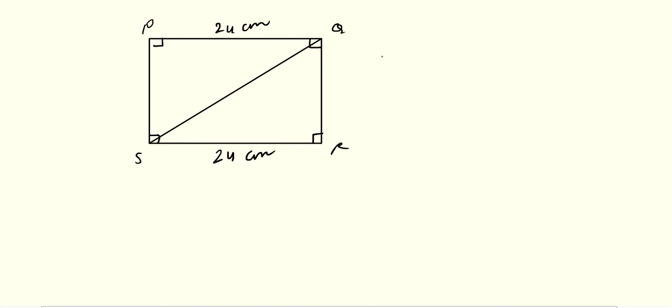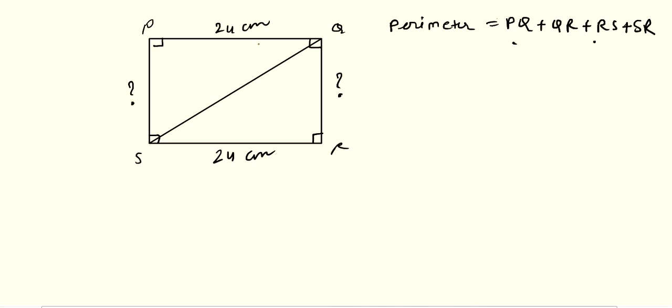We have to find the perimeter. The perimeter of this rectangle is PQ plus QR plus RS plus SP. In this, PQ and RS are known to us, but we don't know the values of QR and PS. This 24 is the length, so the other side is the breadth. We don't know the value of the breadth, and that we will calculate.